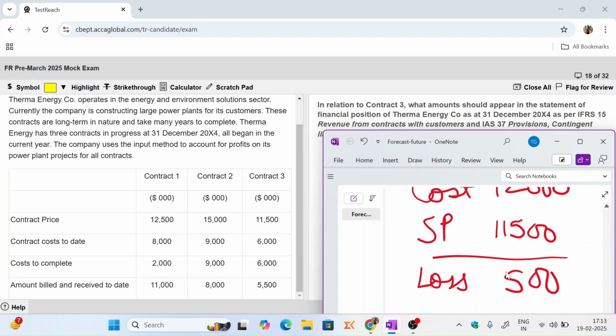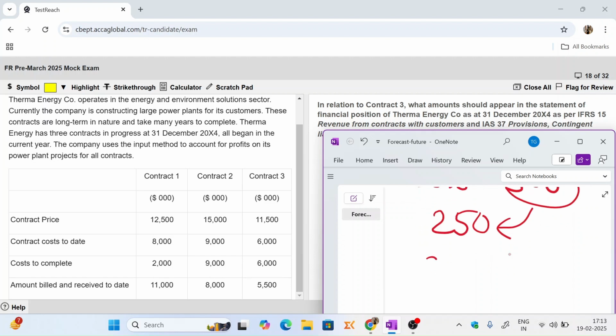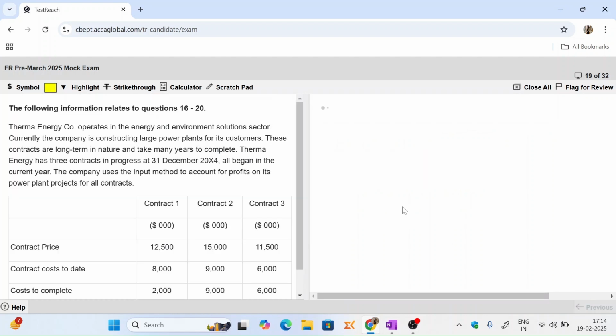That means we are going to book half of the loss in this year itself. 500's half is 250. So if we are booking 250 of loss in this year, that means 250 of loss will be incurred when we complete the project over the entire course. So we have to make a provision of 250. Here your final answer is going to be a contract asset of 250,000 and a provision of $250,000.